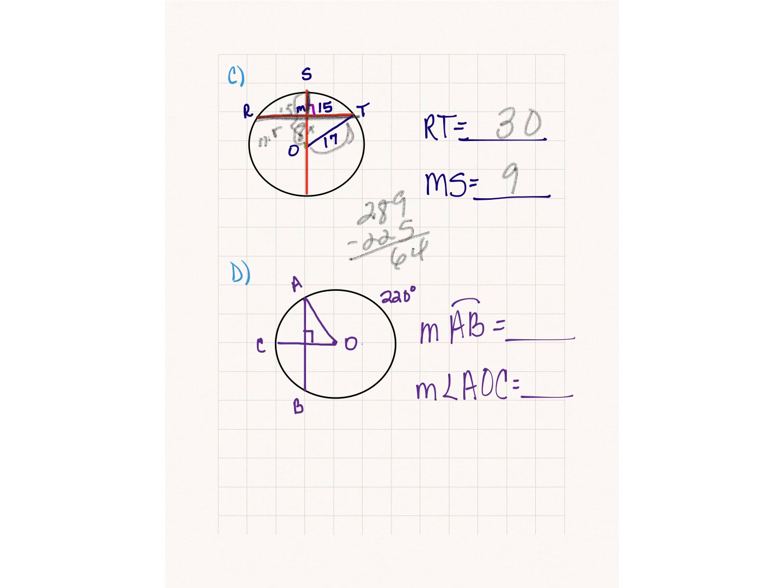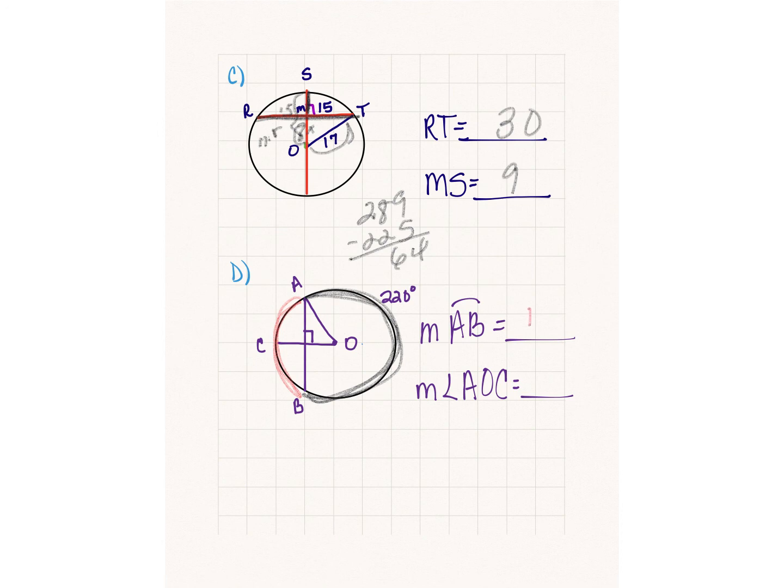All right, for number D, I'm told I've got this major arc here that is 220. They've given me the degrees on the major arc. So that tells me this minor arc is 360 minus 220, so it's 140.